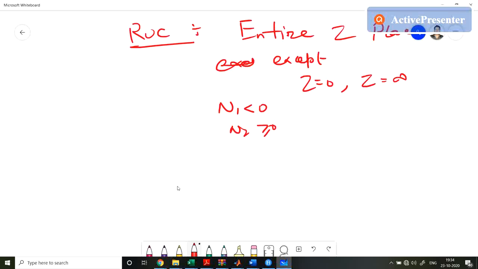Another case is if N1 is greater than or equal to 0, so equation 1 contains only negative powers of z. So what will happen is that the ROC is the entire z plane and it also includes z equals infinity.